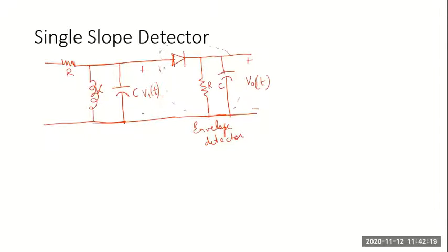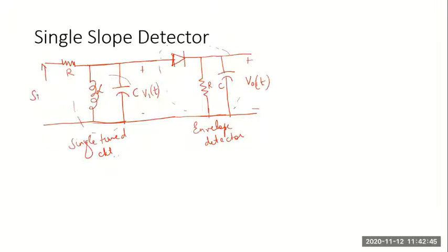We would feed the AM signal at the input of the diode, and at the output we would be able to get all the peaks of the AM signal detected, or the envelope detected. So this is an envelope detector, and this LC circuit is called a single tuned circuit.